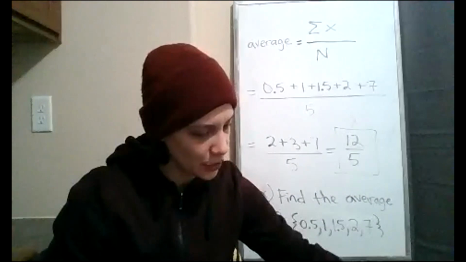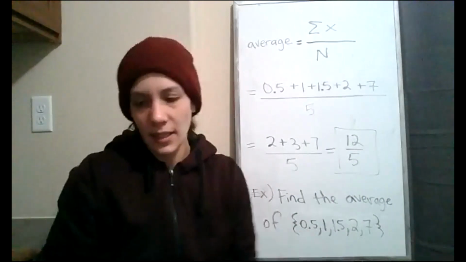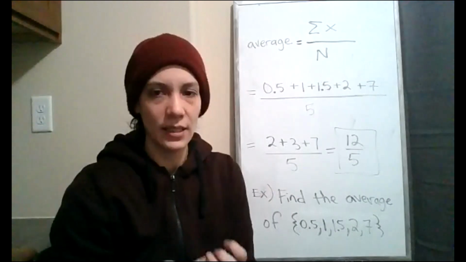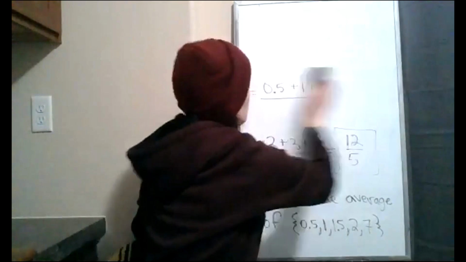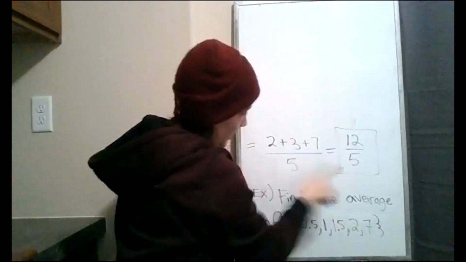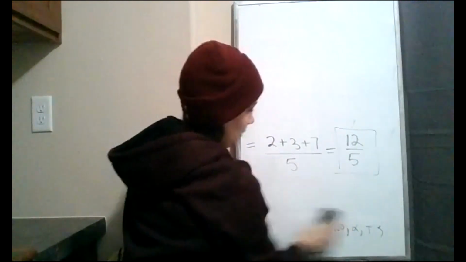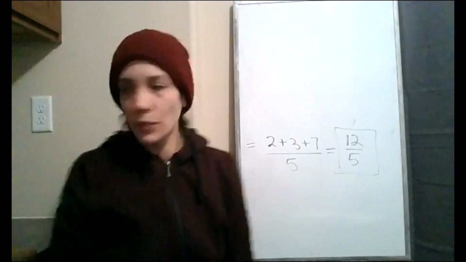I think we should do another average or two and then get to the median. What's the correct form? Can it be in decimal form, Professor, or does it matter whether it's in decimal or improper fraction form?